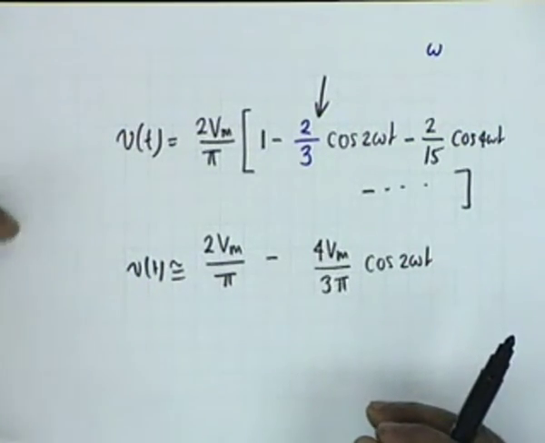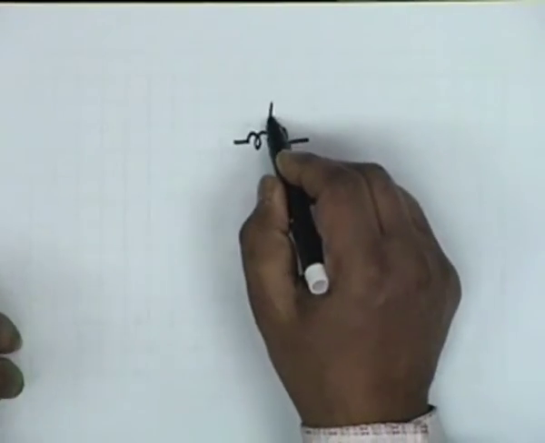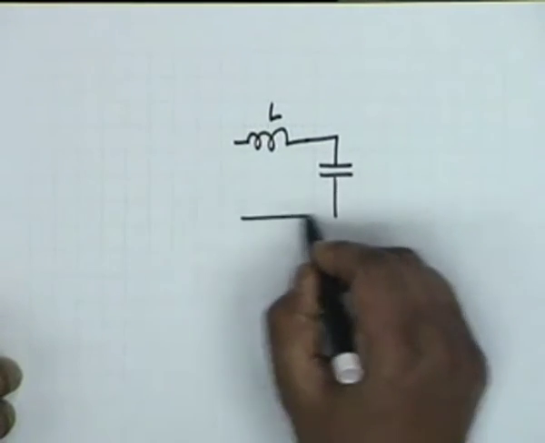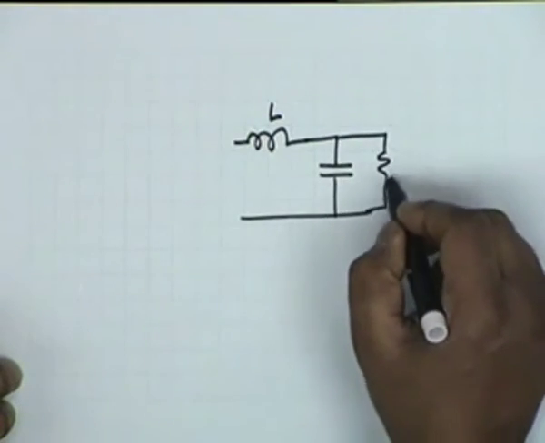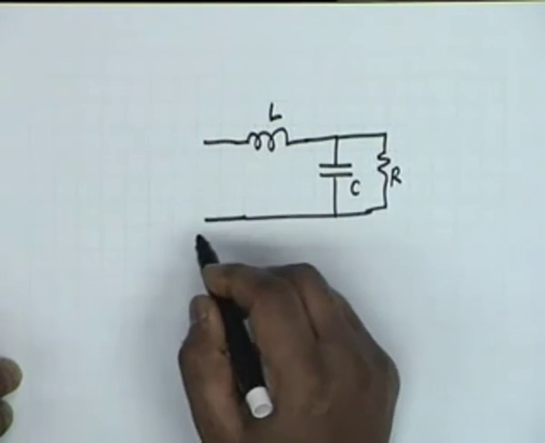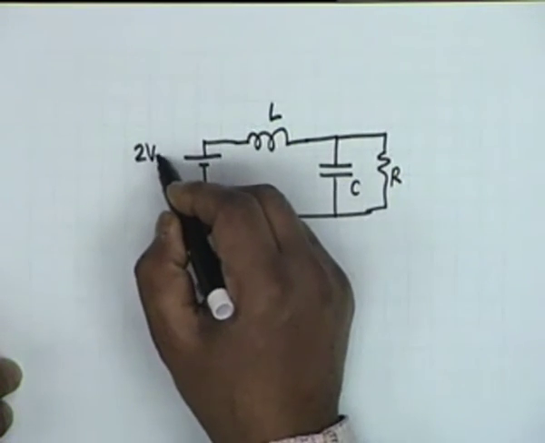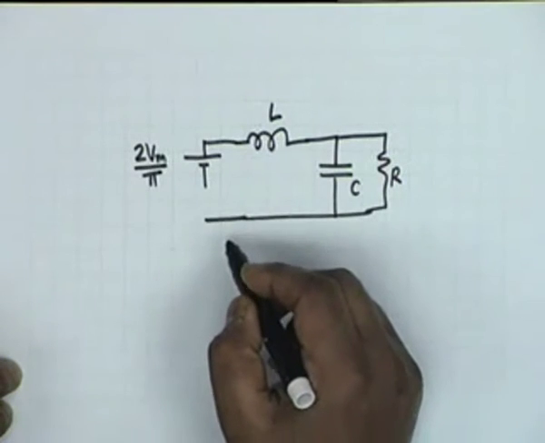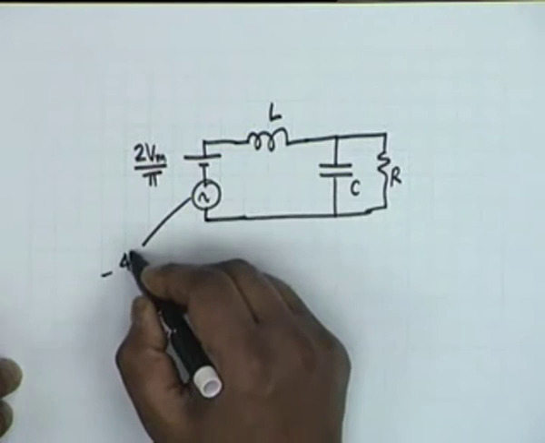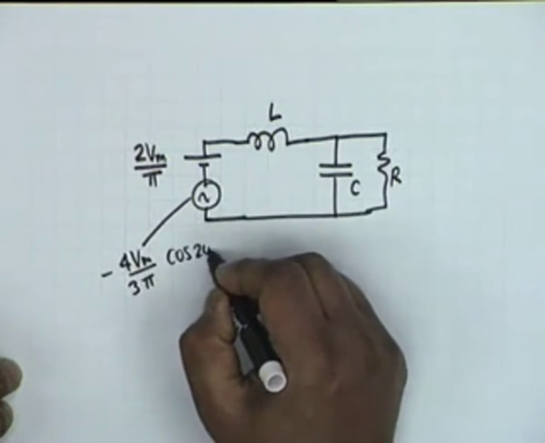Okay. So what we wish to investigate is the following. We have an inductor, a capacitor and a resistor R, and our input consists of a DC whose value is twice Vm divided by pi, and an AC which is minus 4 Vm divided by 3 pi cosine 2 omega t.